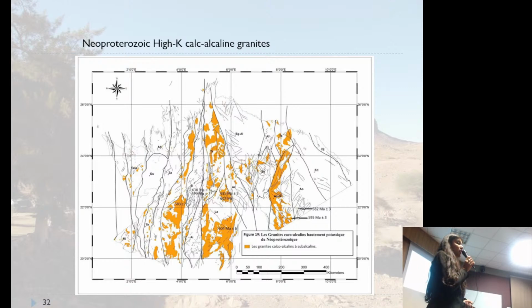Our granites are not all actually high-K calc-alkaline granites, and we will see that later, which makes us think that maybe it's not good to generalize. Maybe we have to look deeper and sample more of these to see the real difference, especially when you see that there are different ages for them.